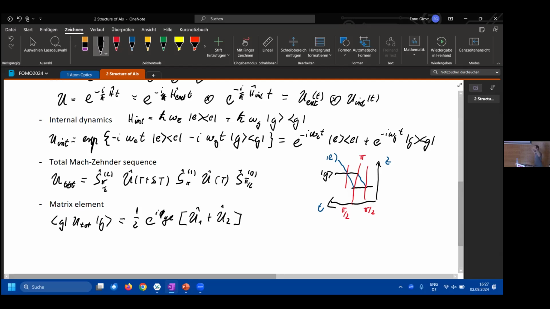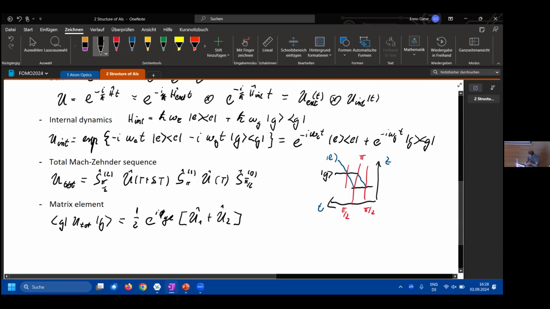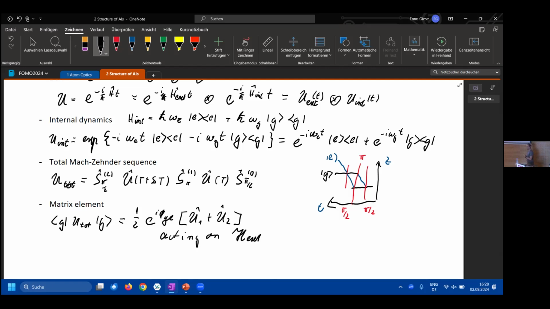Because we looked at the matrix element of our internal degrees of freedom, G acting on our operators, this operator only acts on the center of mass motion, on H external. So we still have the external degrees of freedom, the motion of the atom, included in this operator.